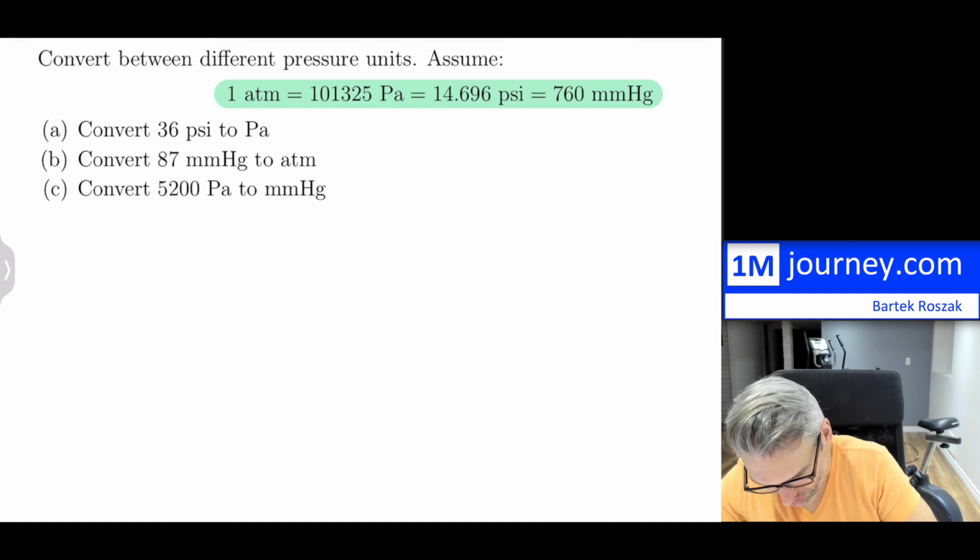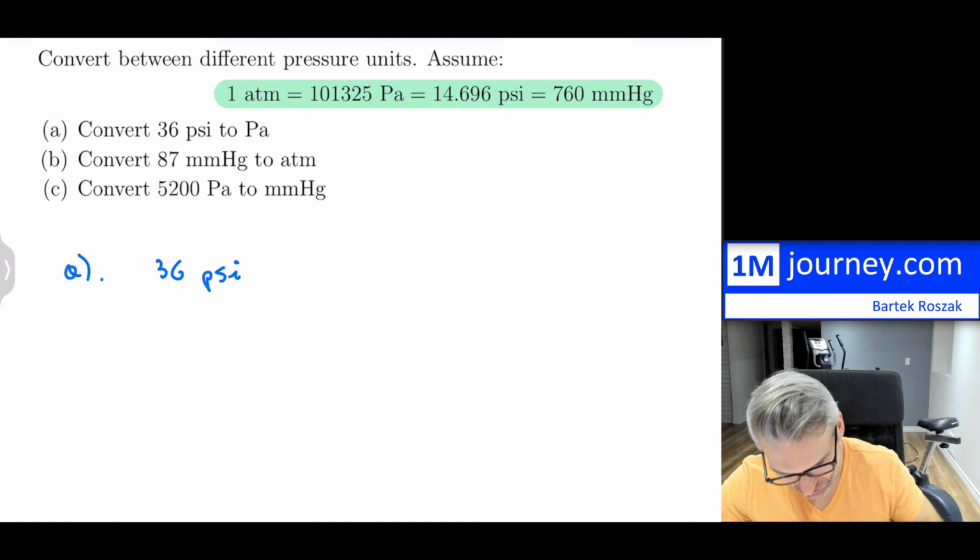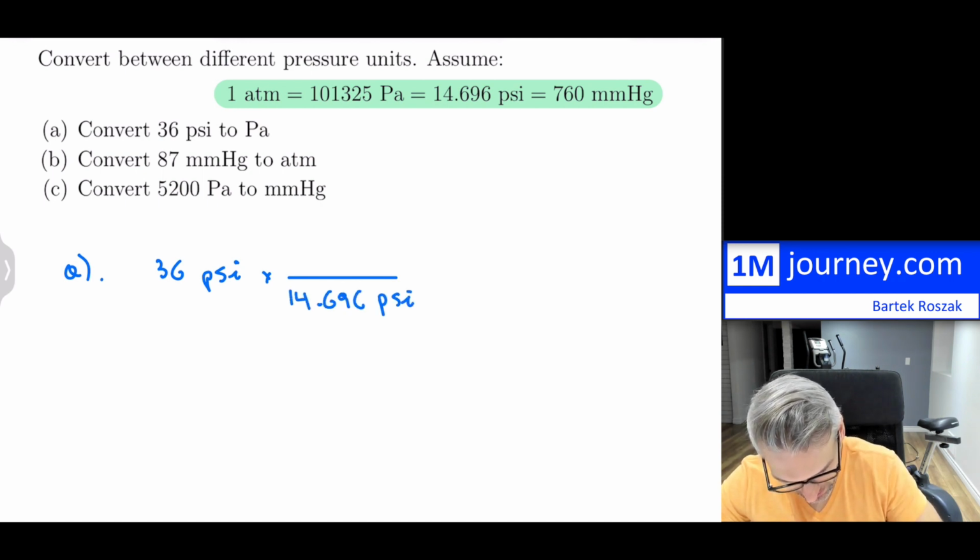The first conversion is 36 psi, and it asks us to change this back to pascals. So we can do our old school method. We want to cancel the psi. That's going to be 14.696 psi, and on top we have exactly 101,325 pascals.